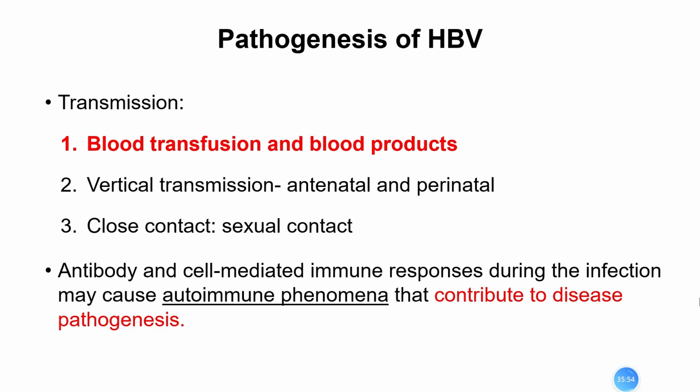So they went to universities and colleges to ask the students to donate blood. They picked healthy students to donate blood and isolated the serum to make the yellow fever vaccine. But what happened is that after the soldiers received the yellow fever vaccine, some of them developed jaundice, which indicates liver damage. And that was a time before we knew the existence of HBV.